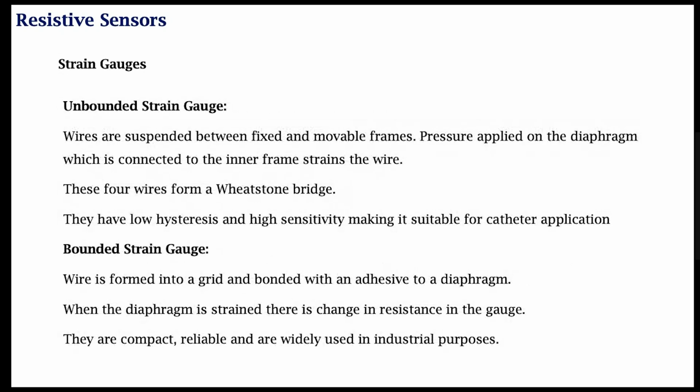Now, strain gauges also can be classified as bounded and unbounded strain gauges. In unbounded strain gauges, wires are suspended between one movable frame and one fixed frame, and pressure is applied on this diaphragm that is connected to the inner frame, which strains the wire.